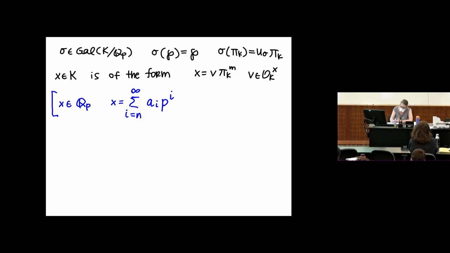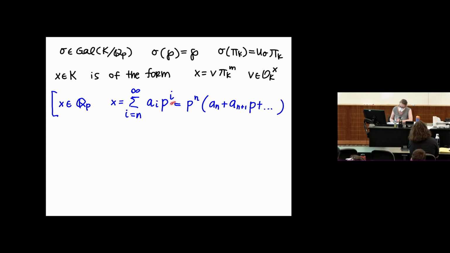Whatever power of p, the smallest one, I can pull it out, and then that will start a_n, plus a_{n+1} p, and so on.